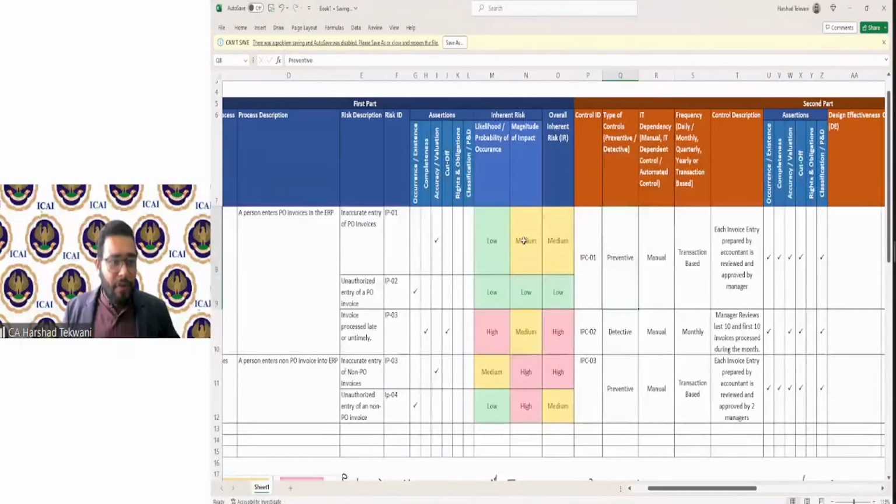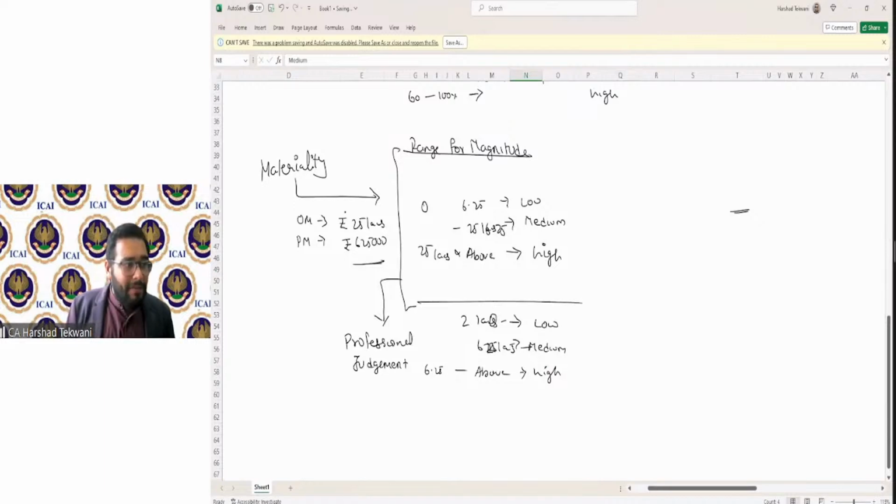Remember when I was referring to magnitude, we discussed that based on materiality we decide whether the potential impact, the magnitude, is low, medium, or high. And if it is beyond my performance materiality, then yes, that's a material misstatement for me.